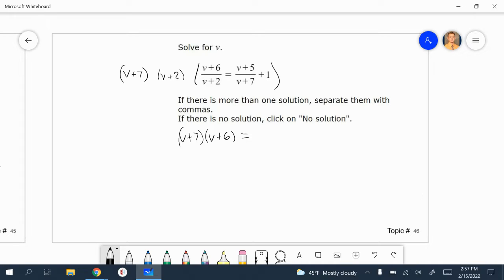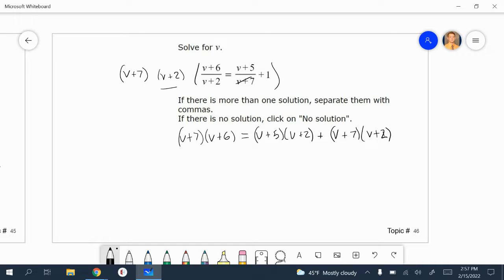That's going to be equal to the v plus 7's will cancel out this time, so we'll have v plus 5 and then the v plus 2 from over here. And then we're multiplying by 1, so it'll be plus v plus 7 and v plus 2.